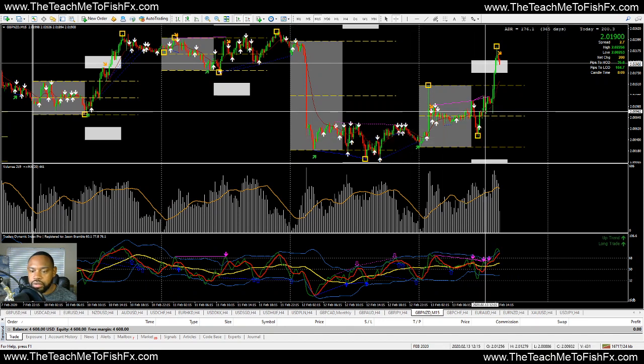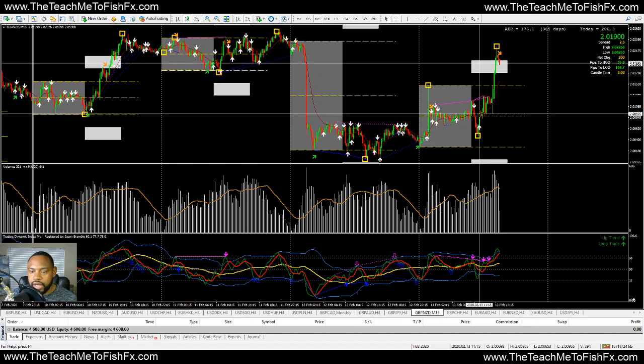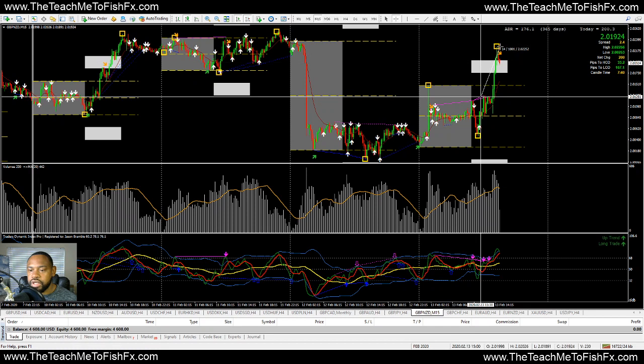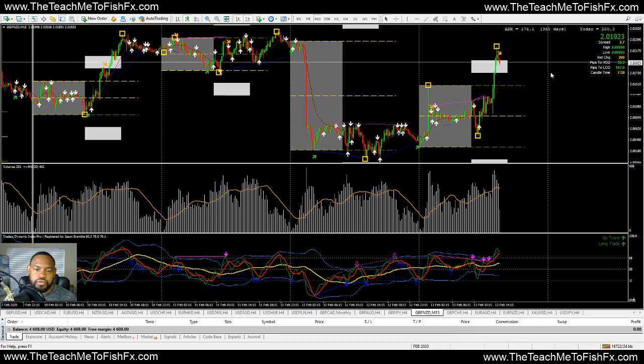But based on the trading rules that I give, we would have gotten in here, definitely would have gotten in here and experienced a 38 pip drawdown, and then could have taken advantage of, looks like, 100 pips of the 200 pip move that it did so far.